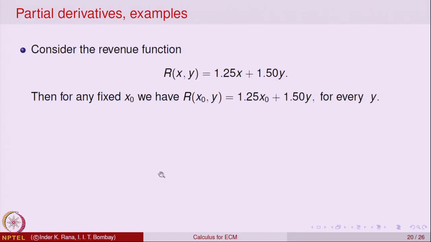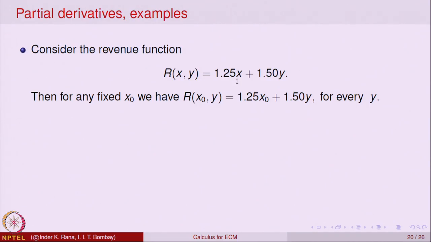Let us consider our revenue function, that pharmacy example, where the revenue from selling two different kinds of products was r of x, y equal to 1.25 x plus 1.50 y.